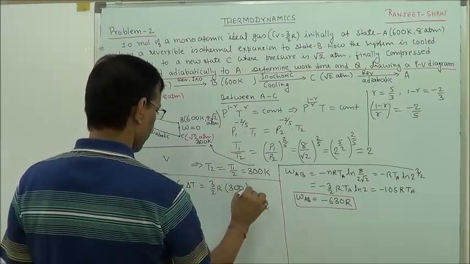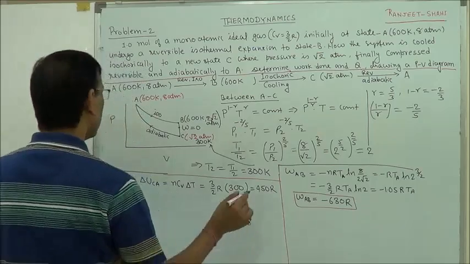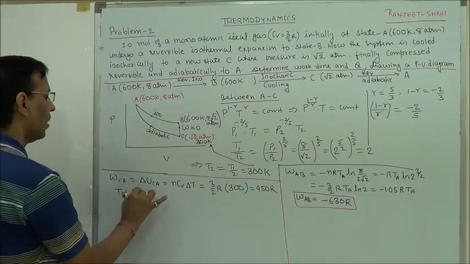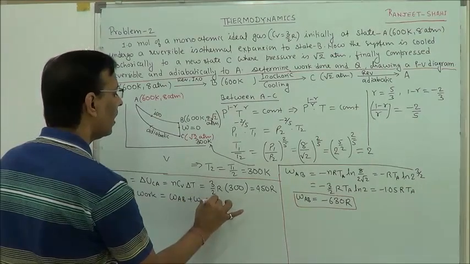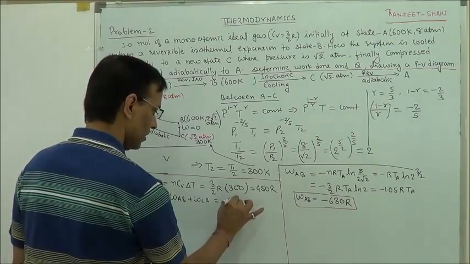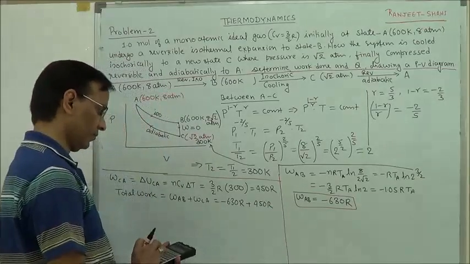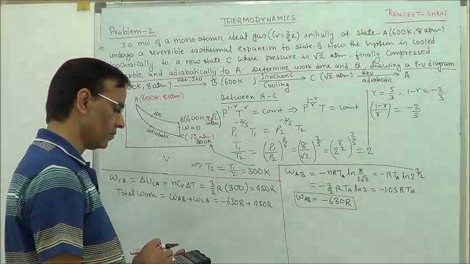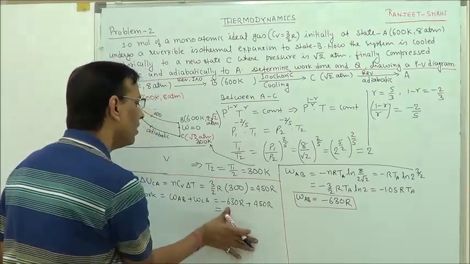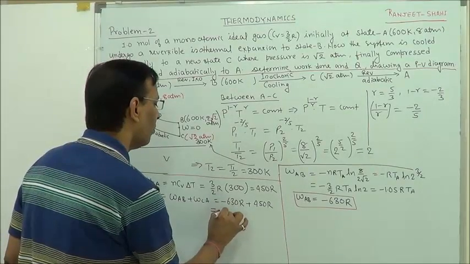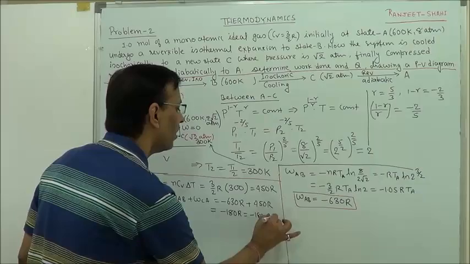So 150 into 3, 450 R. So total work will be WAB plus WCA, and WAB is minus 630 R, other is 450 R. So it will be minus 180 R. So minus 180 into 8.3 joule.